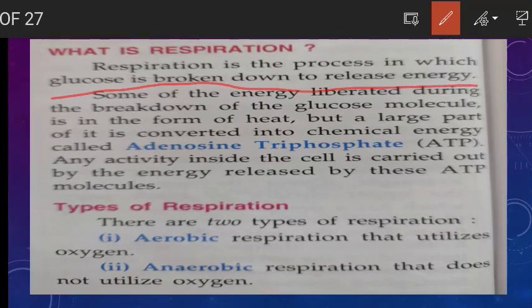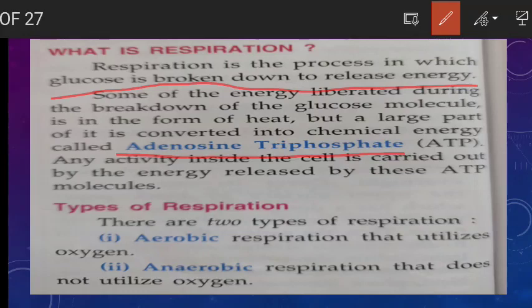Some of the energy liberated during the breakdown of the glucose molecule is in the form of heat, but a large part of it is converted into chemical energy, and that chemical energy is called adenosine triphosphate. The short form of adenosine triphosphate is ATP. Any activity inside the cell is carried out by the energy released by these ATP molecules.